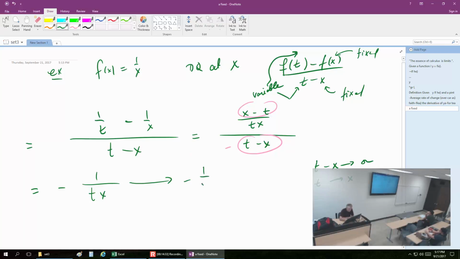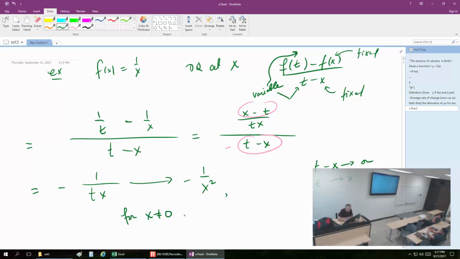Negative 1 over x squared, yes. A comment has to accompany the whole thing: x cannot be equal to 0, not only because we don't want to divide by 0, but also because the original function was undefined there, and the function is discontinuous, so you cannot do substitution anyway.